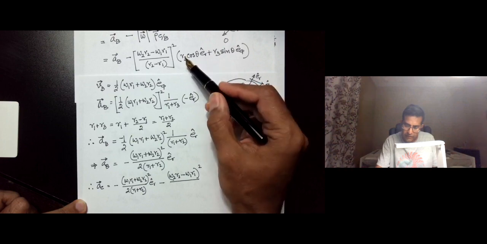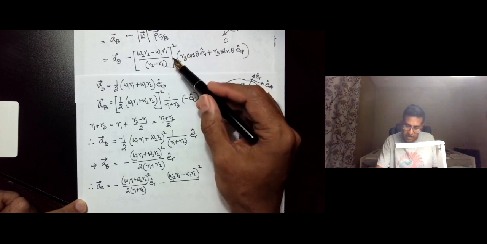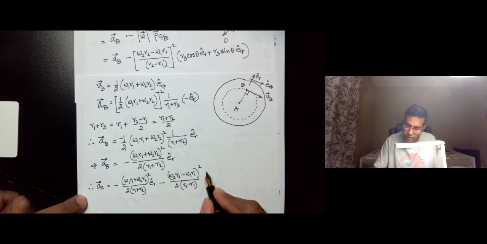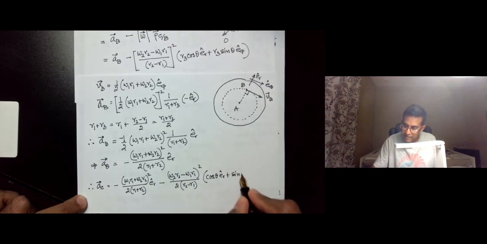So we can factor out this R3, and we will have a 2 times (R2 minus R1) showing up, and then this would be multiplied by cosine theta ER plus sine theta E phi.